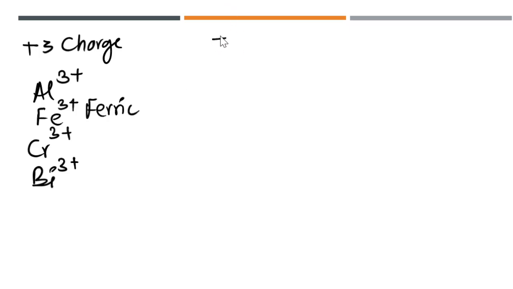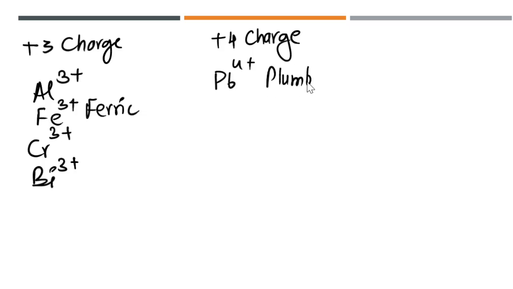Then we go on to +4 charge. +4 charge पे हमारे पास आता है plumbic, Pb4 positive. So this is plumbic. And we have platinum which is Pt4 positive. Right? So ये सारे simple हमारे पास ions हैं, monoatomic ions हैं जो कि positively charged हैं.